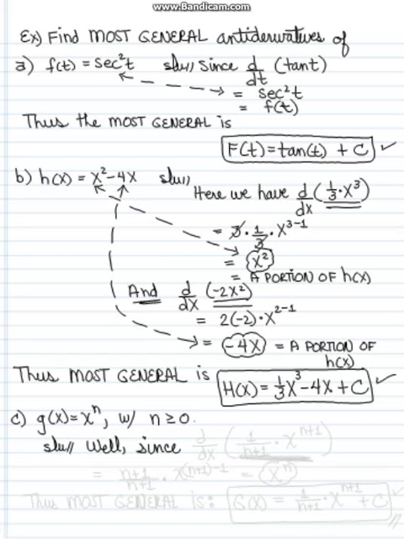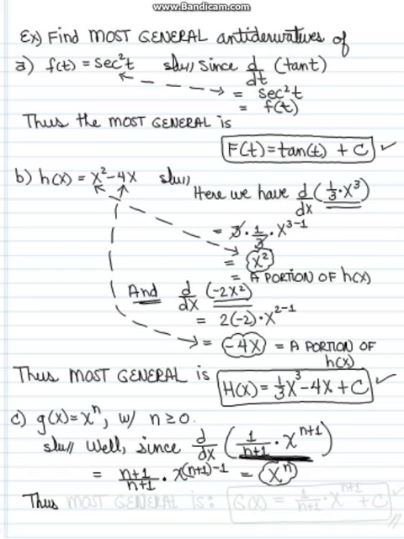I know that if I take the derivative of 1 over n plus 1 times x to the n plus 1, I will have to use the power rule, and I'll bring the n plus 1 down over n plus 1 times x to the n plus 1 minus 1, which would give me x to the n, which is exactly g of x.